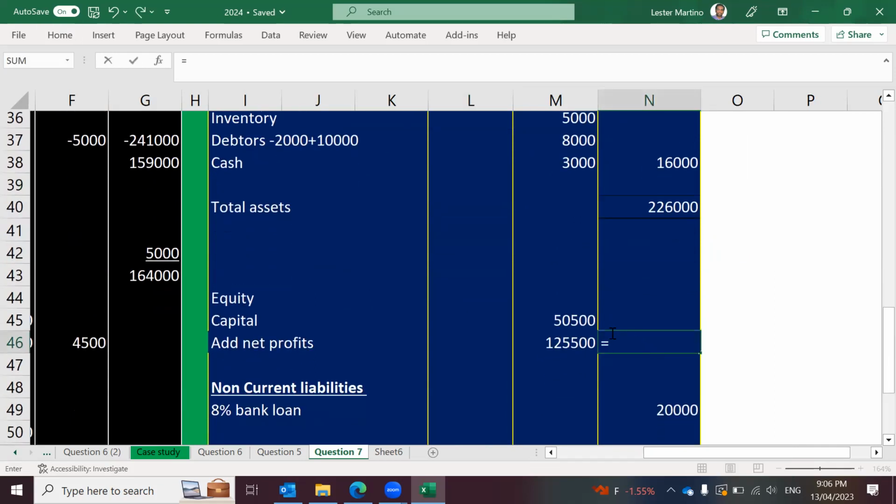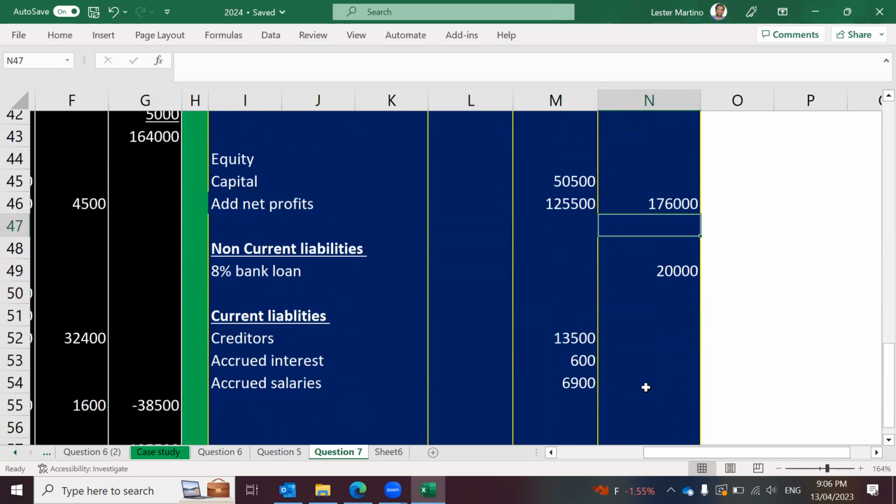Equity, capital plus net profit. And remember, if you have drawings in the trial balance, you need to deduct that from this value. So we'll take the total of non-current liabilities in here. It's there. And the current liabilities, you need to take the totals.